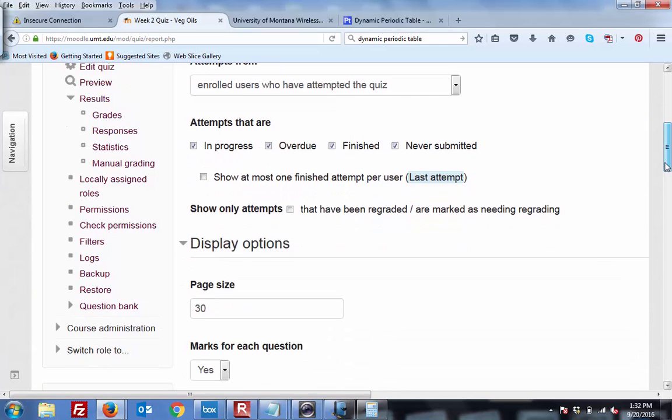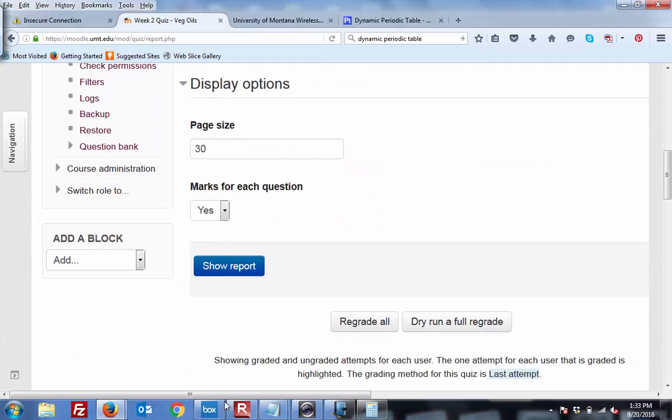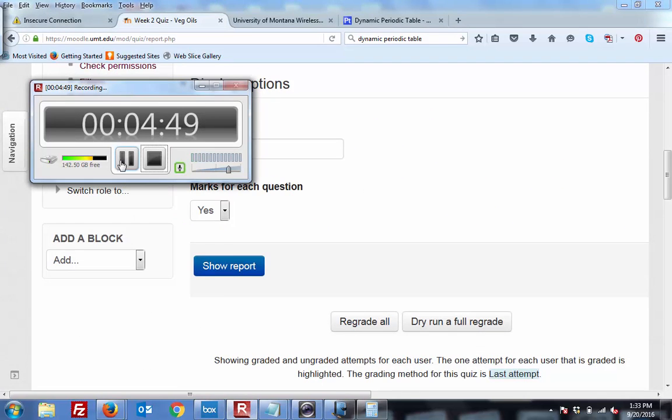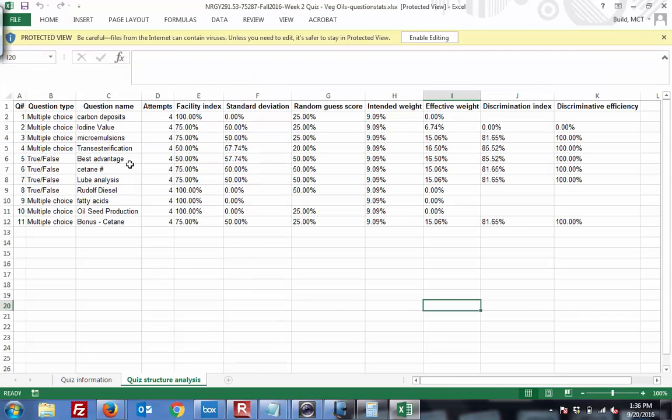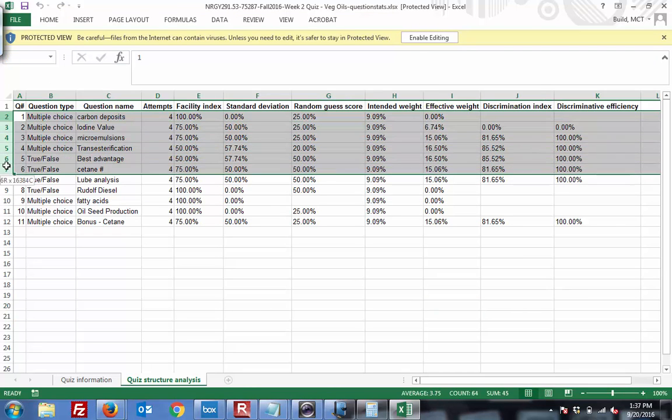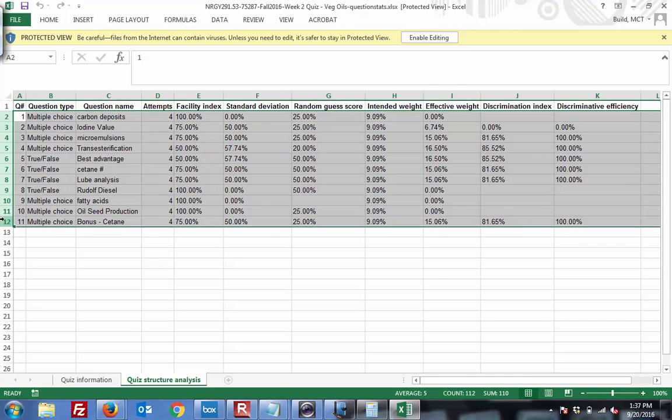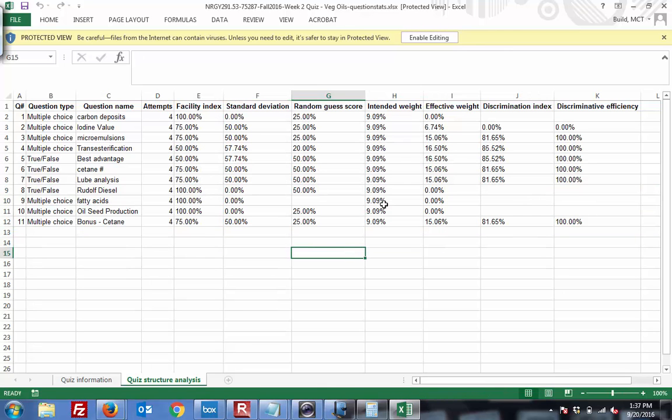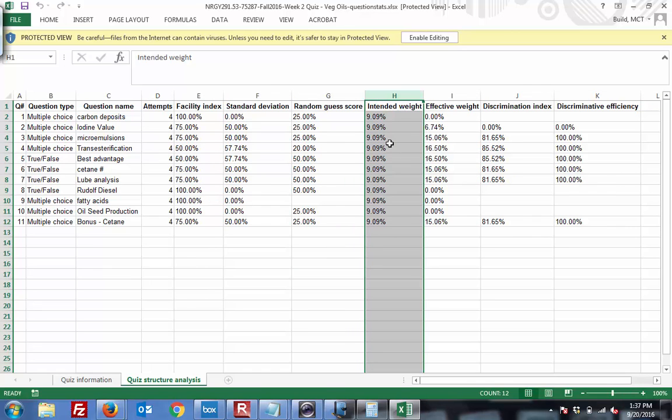There's a neat little way to, actually, I'm going to pause it one more quick second here. All right, so this is the data that I'm looking for. The quiz had 11 questions. And what this is showing is the intended weight of the question; each of the questions was weighted the same, 9.9%.